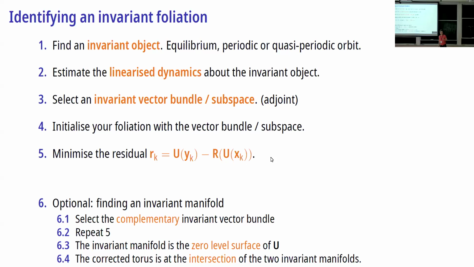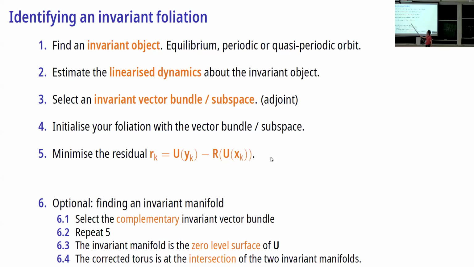And if you also want to find an invariant manifold, because why not, sometimes it's very helpful to have an invariant manifold, then you select the invariant vector bundle that is complementary to the one that you've selected here. So it's much higher dimensional, obviously. Repeat step 5, but since you are finding an invariant manifold, this R can actually be linear, because we are only interested in a neighborhood of an invariant manifold where this U is very small, right?